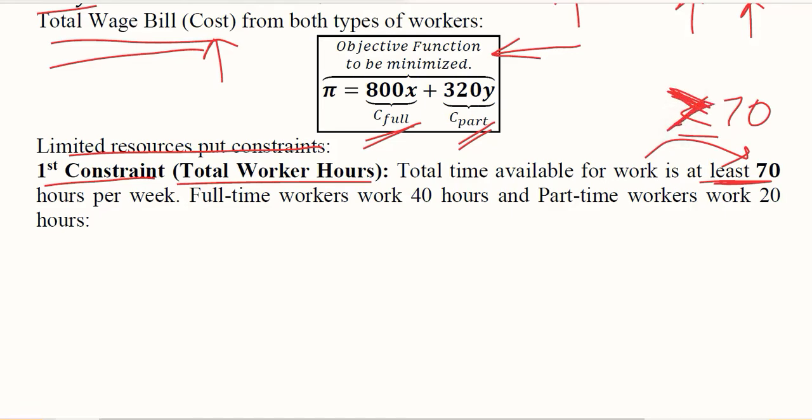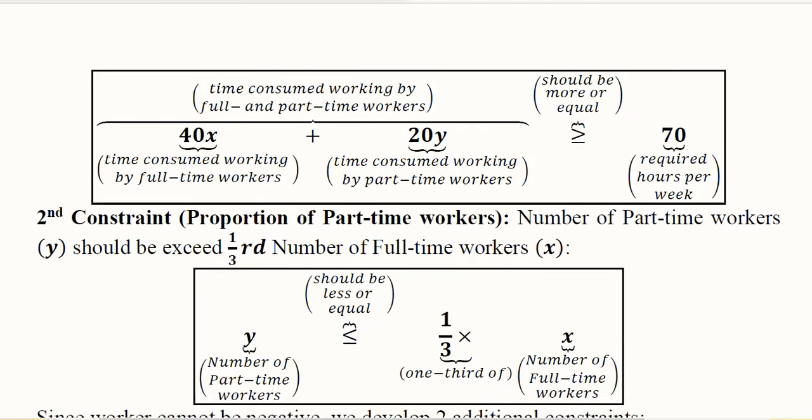So it means that they can be more than 70 but not less. Now full-time workers work 40 hours and part-time workers work 20 hours. So we use the full-time workers' time times the number of the workers that are working.